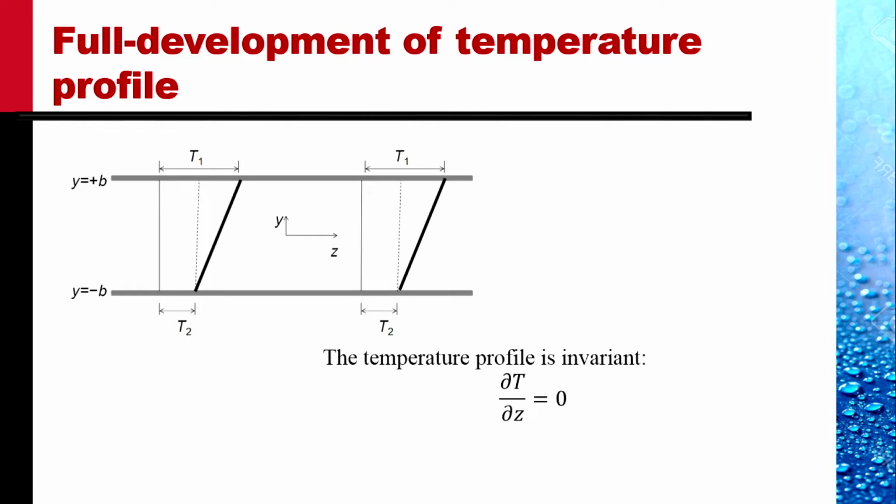If the plates are of infinite length in the Z direction, then as before we can argue that the picture should not change as the origin changes. And because of this, the temperature profile should be independent of Z. dT/dz should be 0. As shown, the temperature profile at this location and this location are identical.